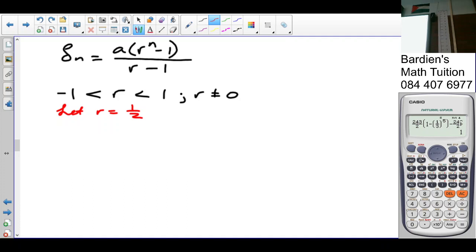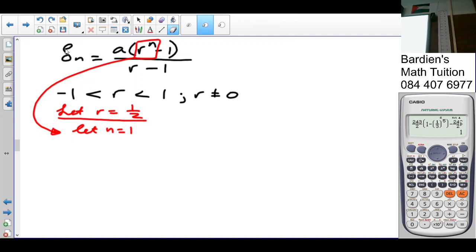Okay? So I'm extracting this part of the sum. Alright? So let n equal 1.